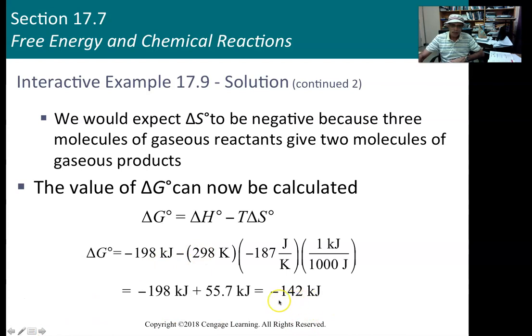It gives us this value, which is now the free energy. When we have a negative free energy, we can say the process is spontaneous for sure. Here the standard free energy change is negative, so it should be a spontaneous reaction.